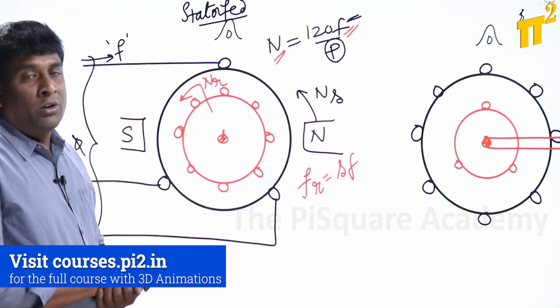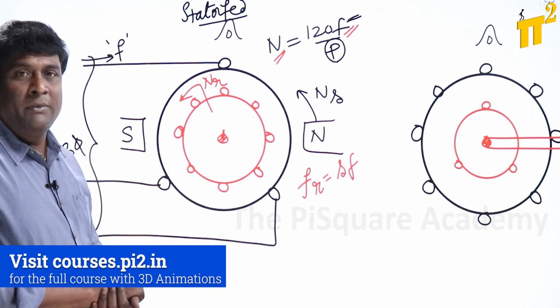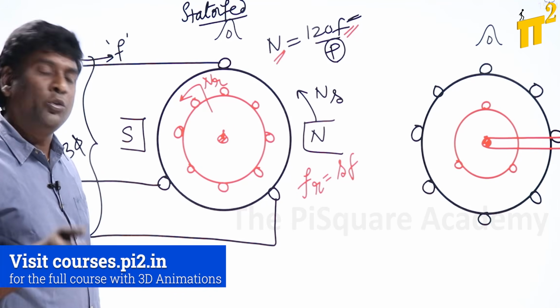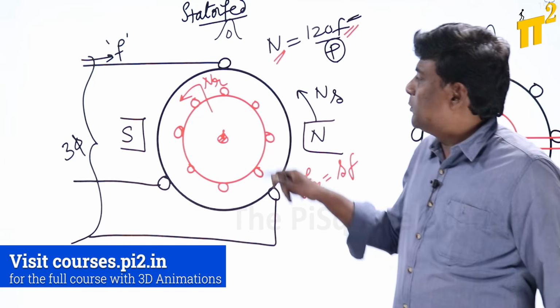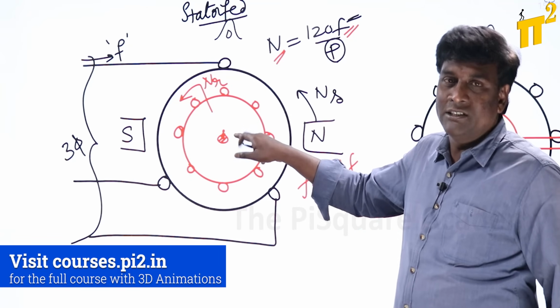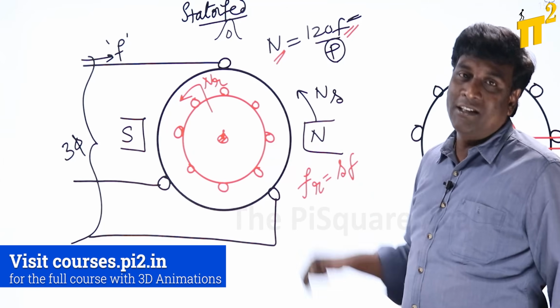The rotor is rotating with 2700 RPM, meaning that (Ns minus Nr) by Ns is going to give you 10%, or 0.1 per unit. Now the moment slip is 0.1, slip times frequency is going to be 5 Hz for the rotor.